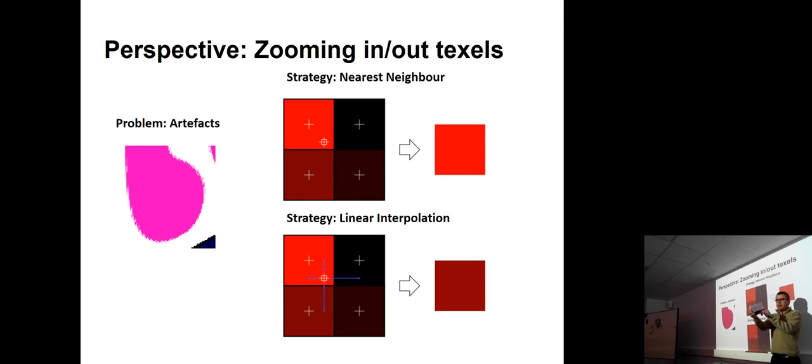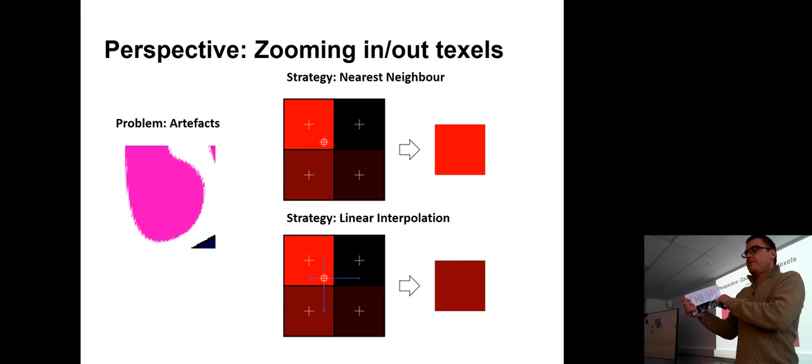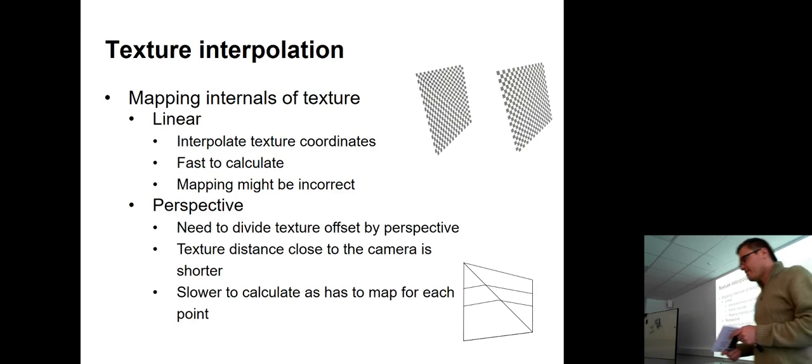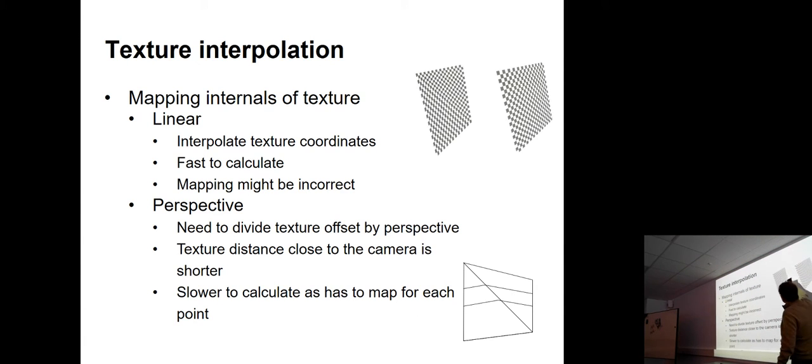Because based on the angle of your surface, based on the direction from which you're looking at a given surface, you may actually perceive more of that red pixel as opposed to the other ones. So just doing the linear interpolation may not be the right cut, but you need to put more weight onto the color that you are perceiving the most. So that's one of the aspects. At further distance, you have this kind of distorted effect that can happen.